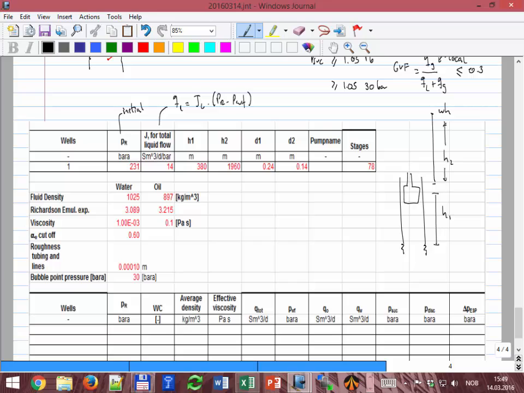So let's put that P1, H1, from, we can call it the sand face, from where the fluid is coming in.